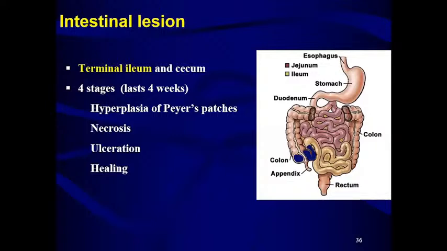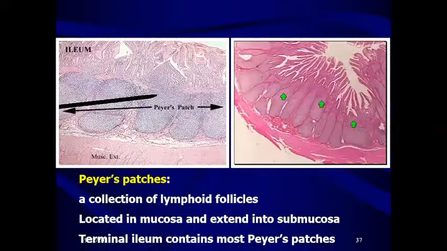That's where you tend to have a lot of Peyer's patches and the mesenteric lymph nodes. So the terminal ileum and the cecum, there are 4 stages. Number 1, you have hyperplasia of the Peyer's patches, then you have necrosis of the overlying mucosa, then ulceration, and finally, you have recovery.